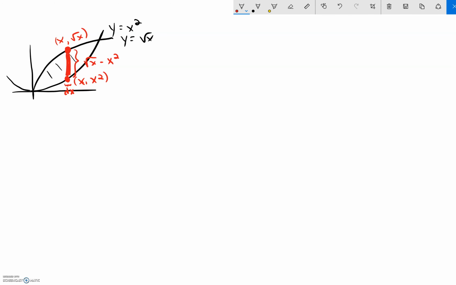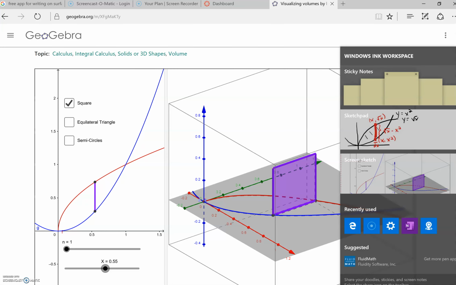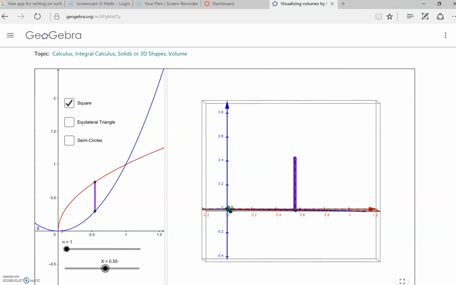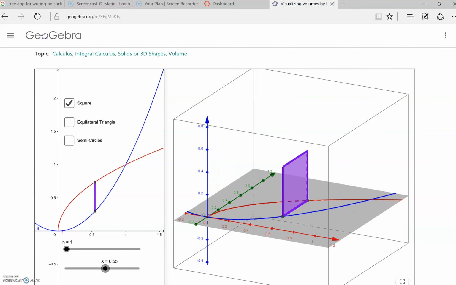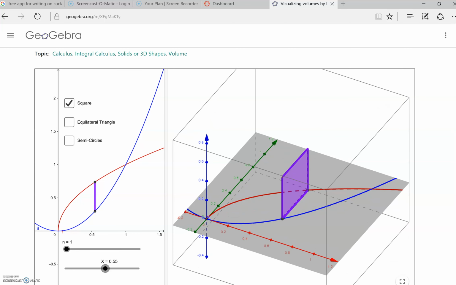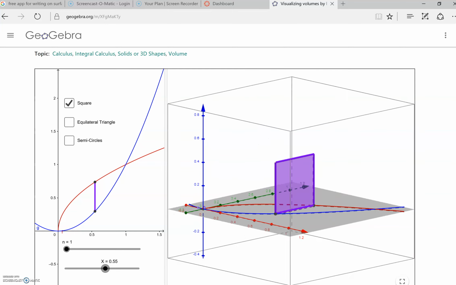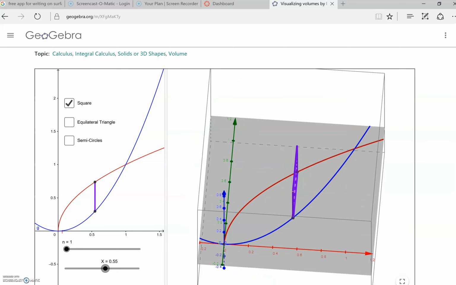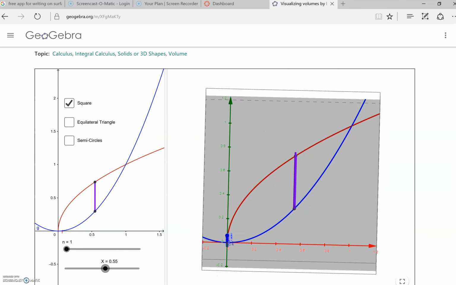So I want you to think about the idea that if I go back and look at this figure here, what I have is this square tile that's placed in region R and placed in such a way that the square tile is perpendicular to the x-axis. And if I can describe the volume of that one piece right there, then I can integrate to add up infinitely many volumes just like it.